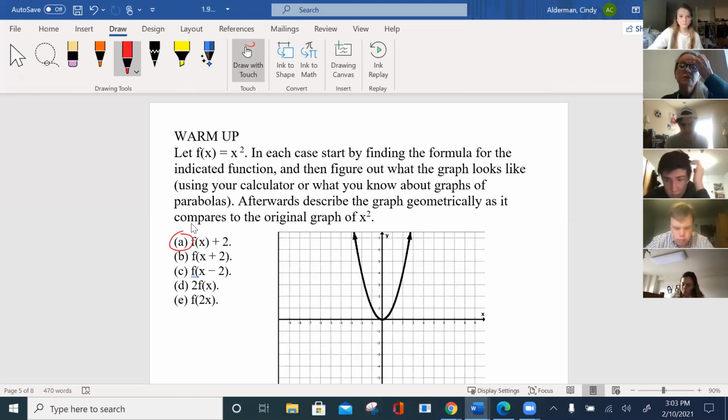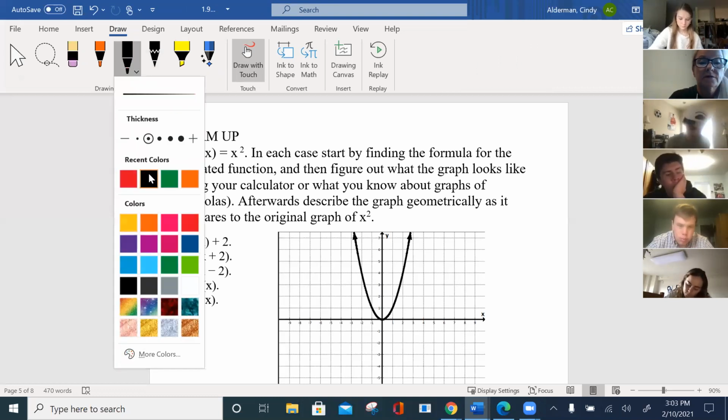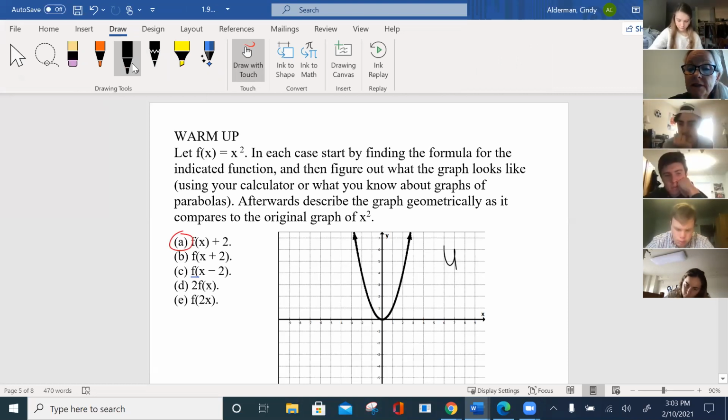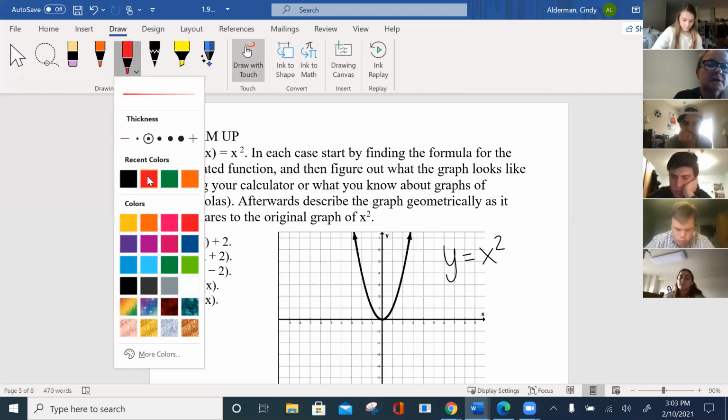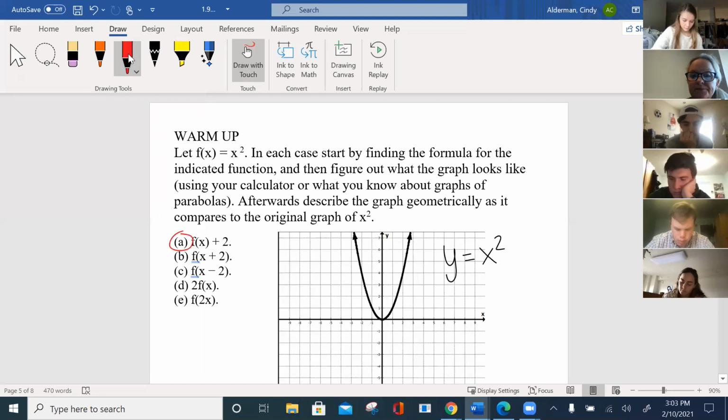This original graph is y equals x squared, right? So if you took that function x squared and added 2 to it, you would end up getting that same function, but the parabola would just be moved up 2 units.